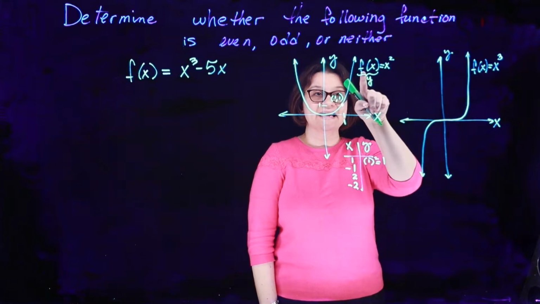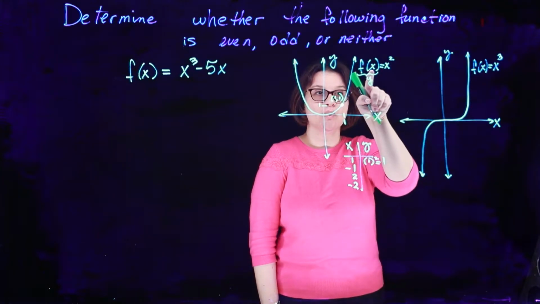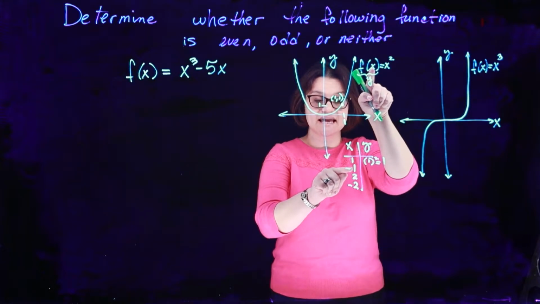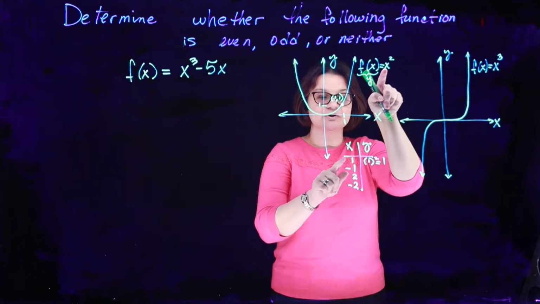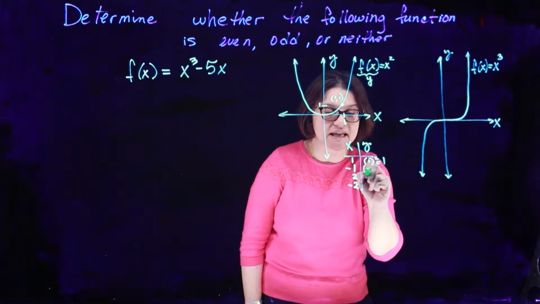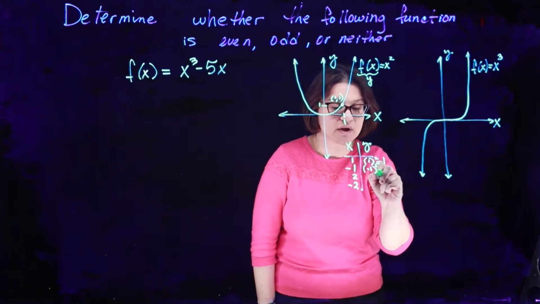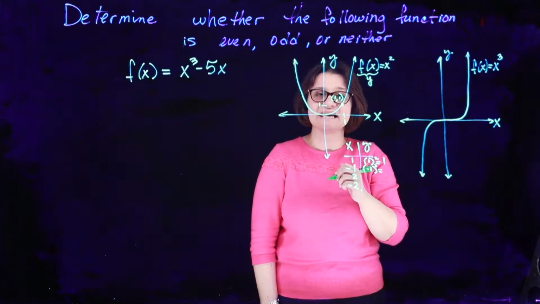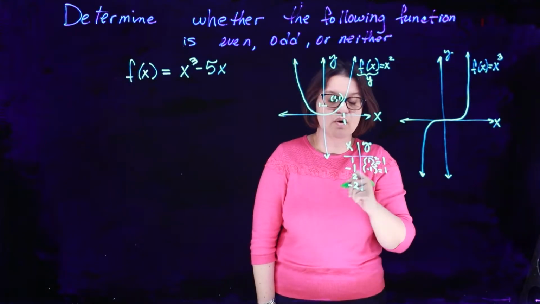Remember, to find the y coordinate, that's your function value when x becomes -1. So we're looking for f of -1. Let's substitute -1 for x. Remember, x is being squared, so we'll take -1 as a quantity in parentheses and square it. That gives us a 1.